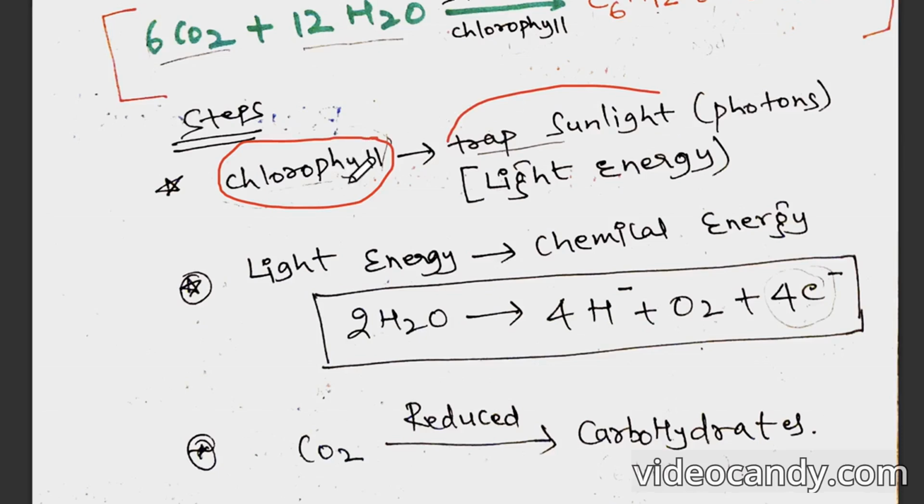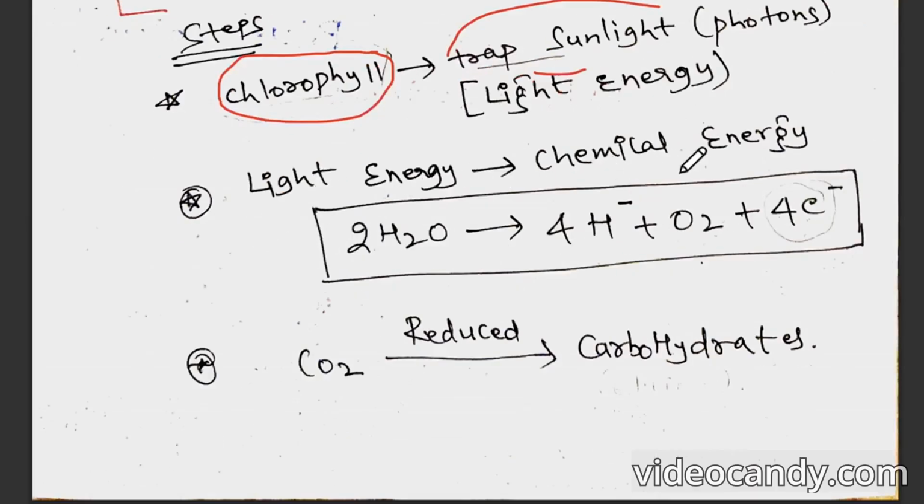So chlorophyll in the leaf, which is a green pigment, traps and absorbs the sunlight, that's the light energy. This light energy is later converted into chemical energy through the chemical process, the carbon dioxide fixation. Also the water is broken down to hydrogen, oxygen, and 4 electrons.